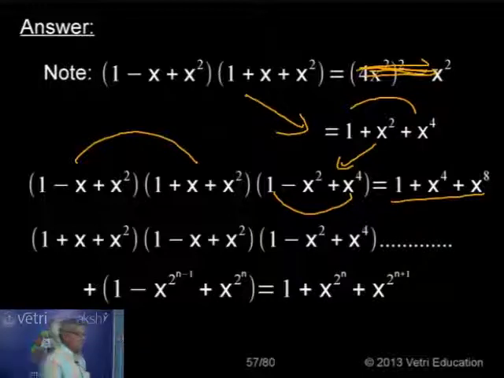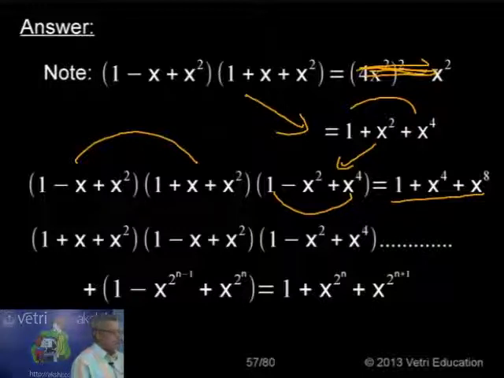Now, you consider 1 plus x plus x square, 1 minus x plus x square, 1 minus x square plus x power 4. You attach this as 1 minus x square plus x power 4. These three, along with these three, we are attaching 1 minus x power 4 plus x power 8. Like that, every time we attach 1 minus x square plus x power 4.